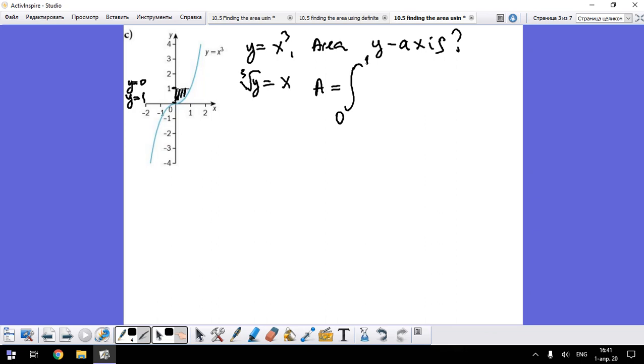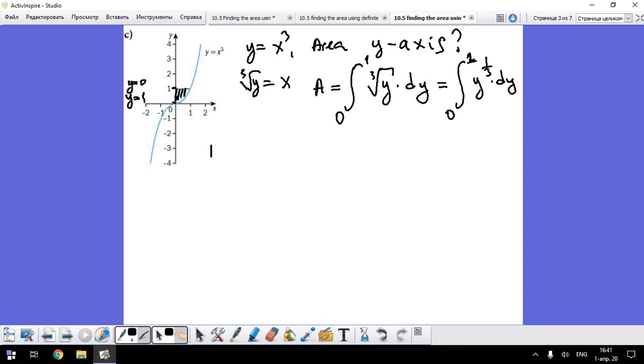So we need the area, our function is the cube root of y, and we should take the integration with respect to y. Before integration we should write y power of 1/3 dy, where the limits are 0 and 1.